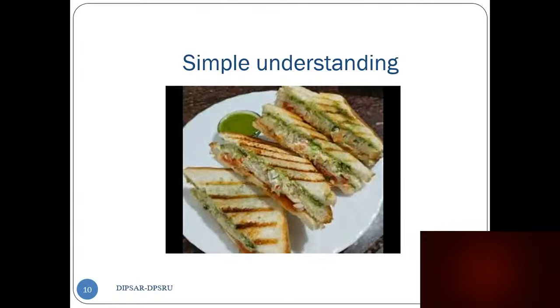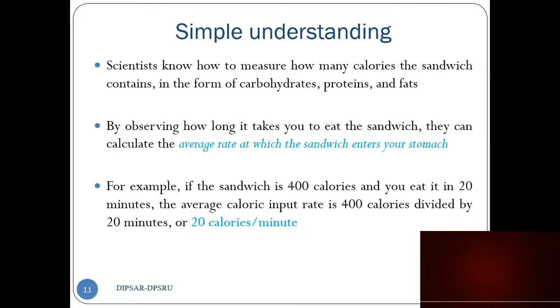If you want to understand QSP with a very simple example, you can see on the screen, this is just a sandwich. You all may be using it in your breakfast. If you want to know how to measure how many calories, in the form of carbohydrates, proteins, and fat, you can do it by these approaches.